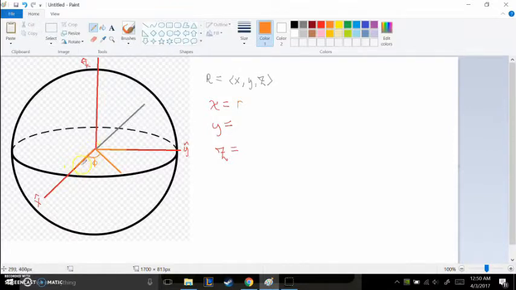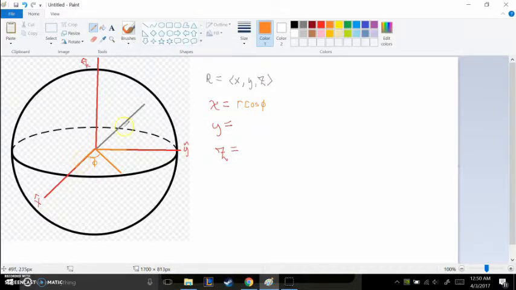So this piece is R adjacent, which is cosine, and all that the cosine of phi is doing is scaling the R. R would be out here somewhere, and the cosine makes it smaller, because recall that all trigonometric functions really do is they're like percentages.